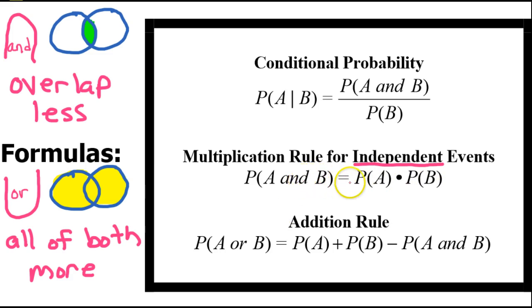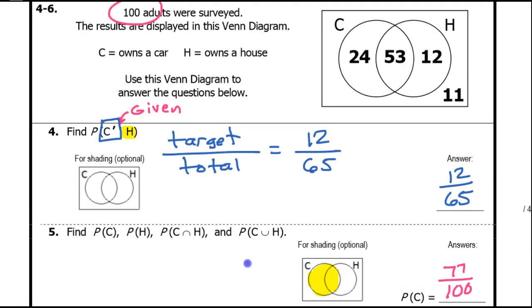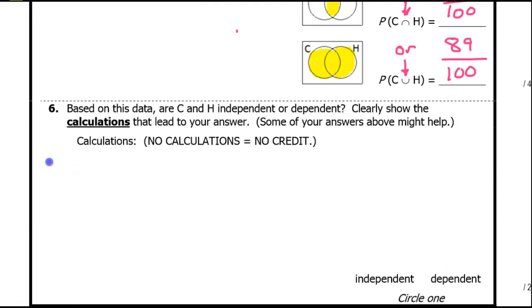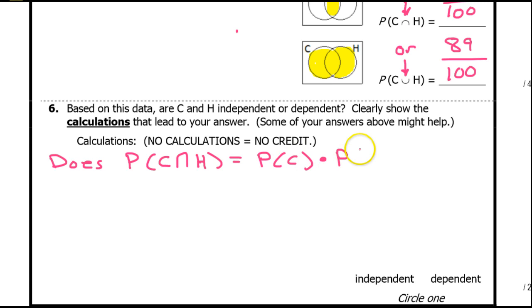Probability of A and B equals the probability of A times the probability of B. So let's check it out. We're talking about C and H. Does the probability of C and H equal the probability of C times the probability of H?